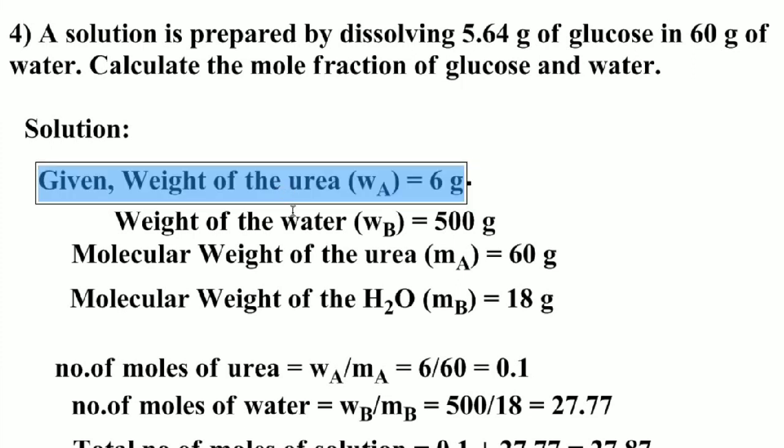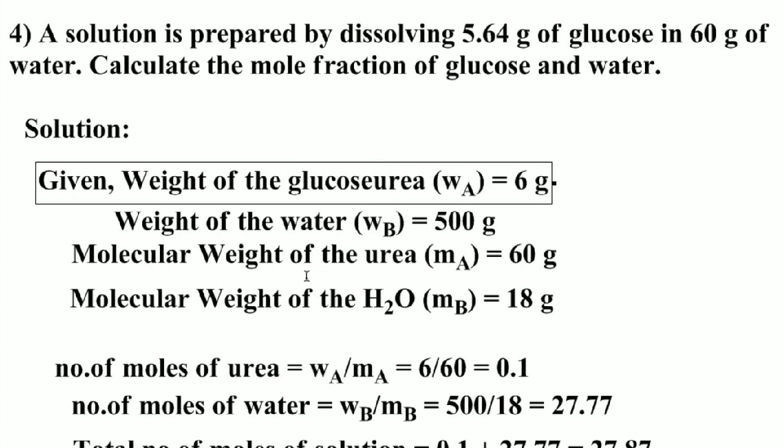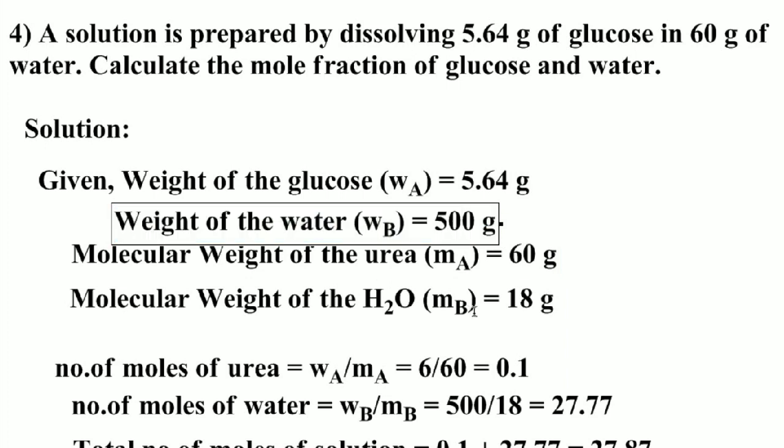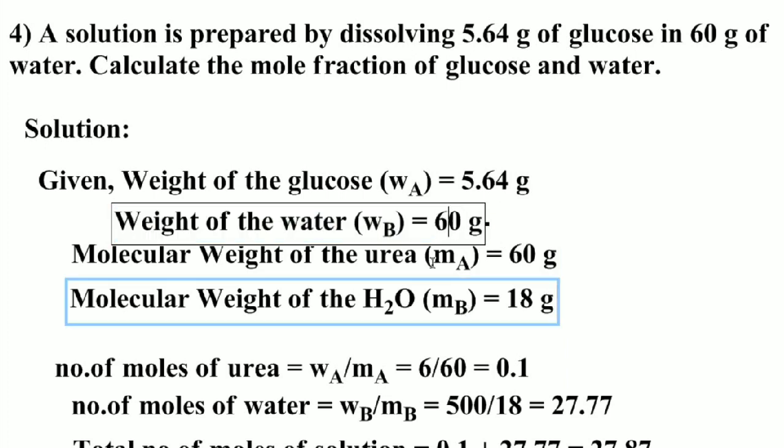So first we can write the given data. Given weight of the glucose is equal to 5.64 grams and the weight of the water is given as 60 grams.